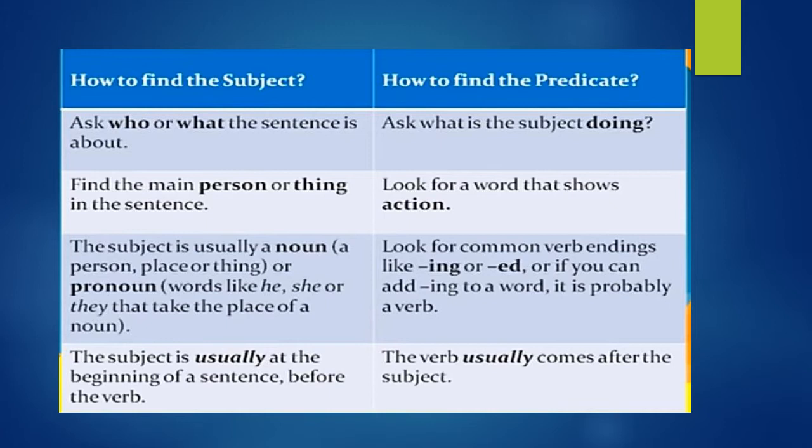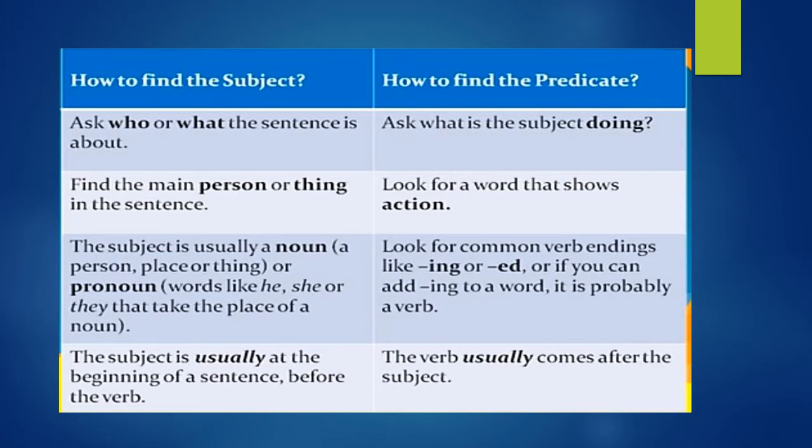So you will get the predicate. Second, find the main person or the thing in the sentence. And for predicate, look for a word that shows an action, what the subject is doing, what the subject is performing. So it is a predicate.